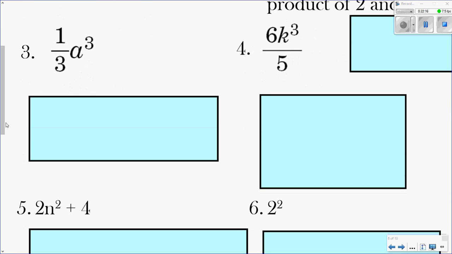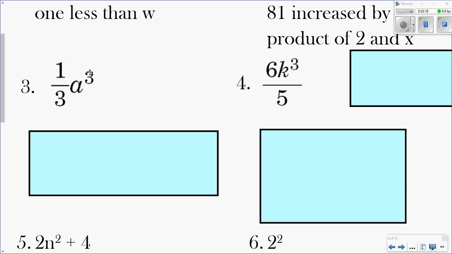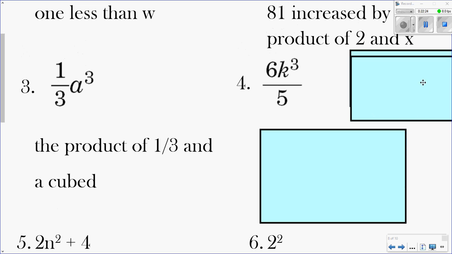Next one, we have a fraction, and then we have a power, and it's 3. So we would write the product, because we have a number and a variable, product of a third and a cubed. Next one looks like a division symbol.